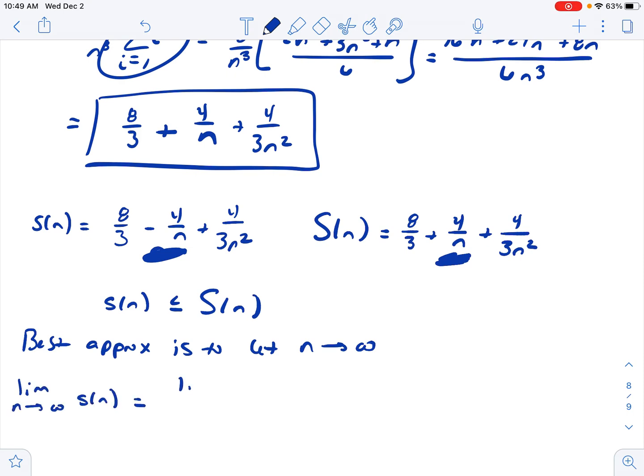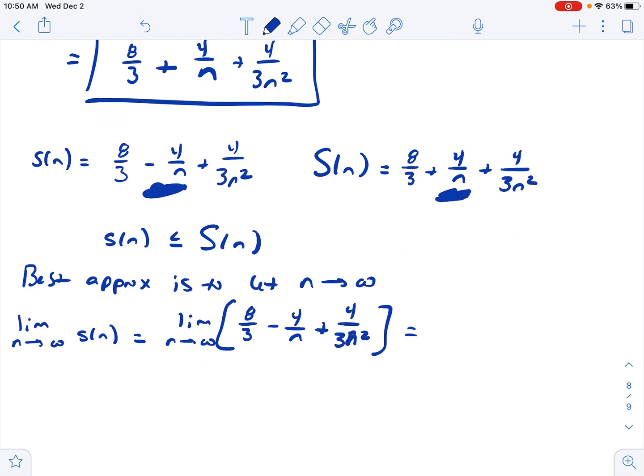The limit as n goes to infinity of our lower sum, limit as n goes to infinity of 8 over 3 minus 4 over n plus 4 over 3n squared. Well, these are actually pretty nice. Look at where the highest power of n is in the last two terms in the denominator. So the limit as n goes to infinity of 8/3 is just 8/3. That's not going to be affected by n. But both of these, the highest power of n is in the denominator, so where do both those fractions approach? 0.